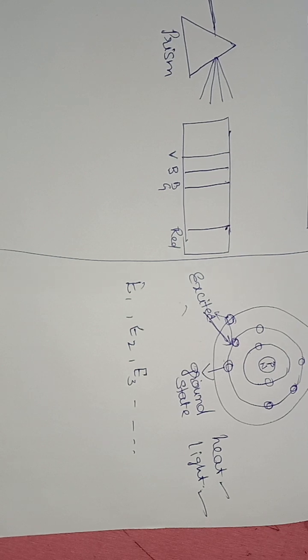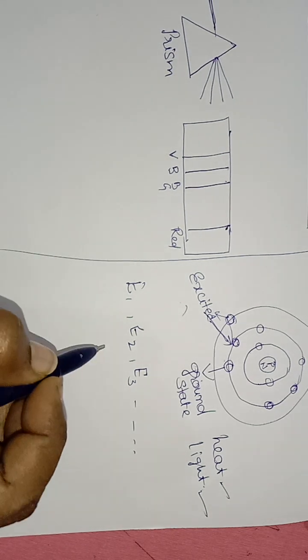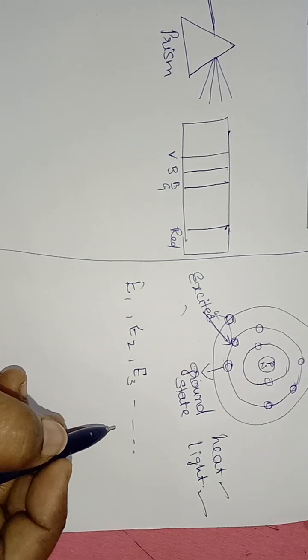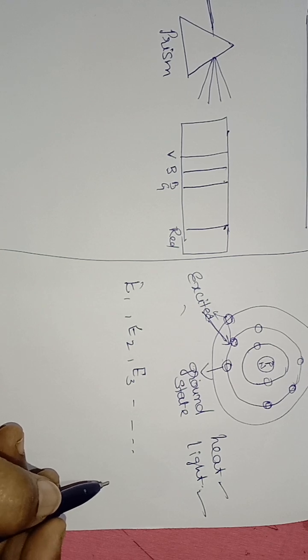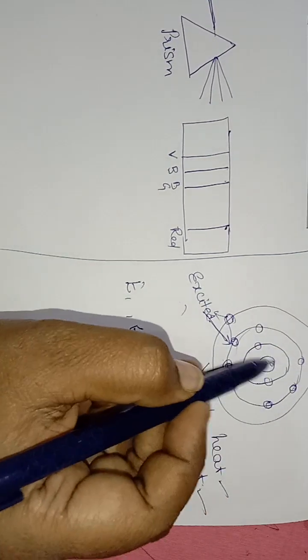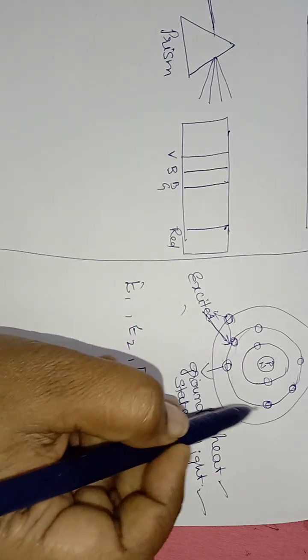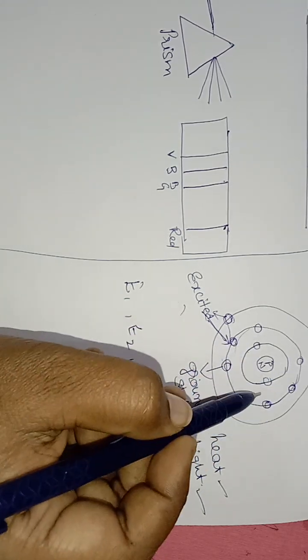The states corresponding to these energies are called stationary states, and the possible values of energy are called energy levels. So these are the three-point statements given by Niels Bohr. That is, electrons occupy stationary orbits in an atom around the nucleus. They rotate around the nucleus in their stationary orbits, but this is not correct.